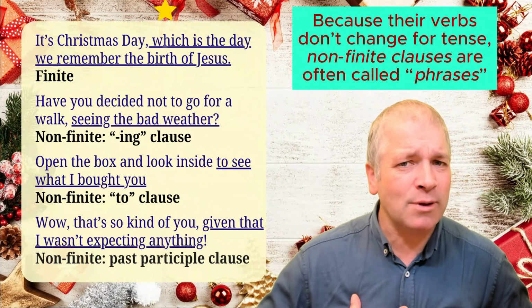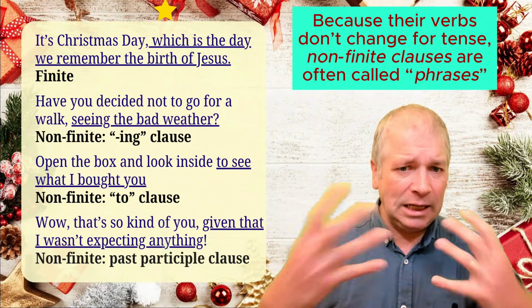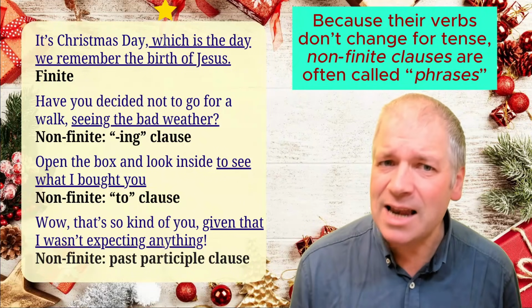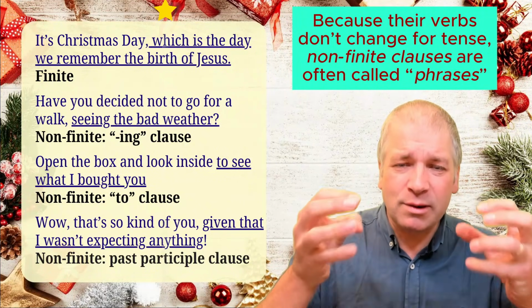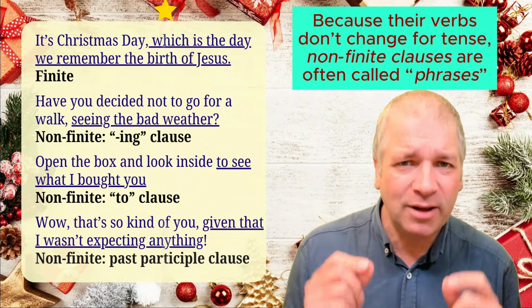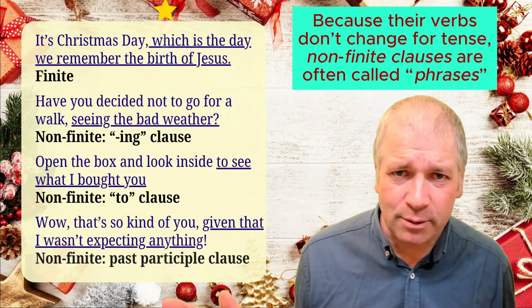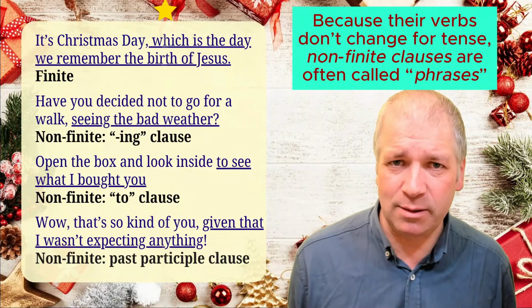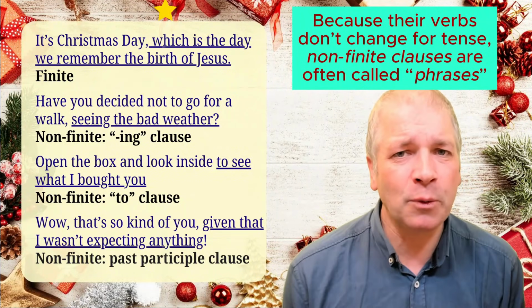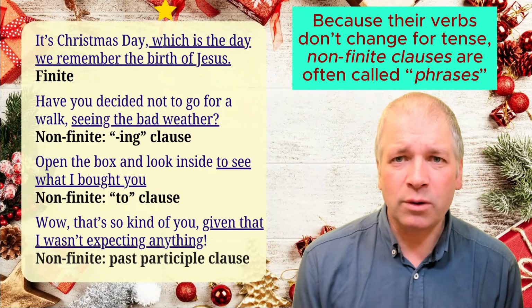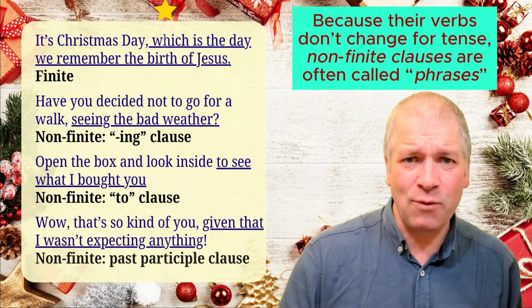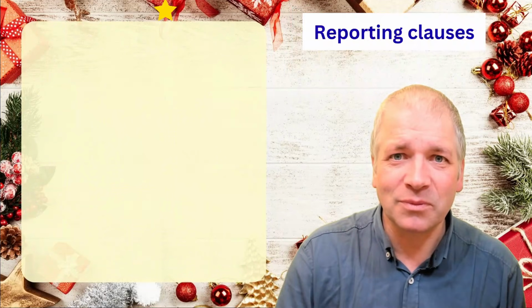Why did I think it was so kind of you? Well, my conclusion was that I wasn't expecting anything, and that's why it was so kind of you. But given here will stay as the past participle regardless of what the time is. So with given, the past participle, we use this here to indicate some sort of result or some sort of conclusion that affects the rest of the sentence.